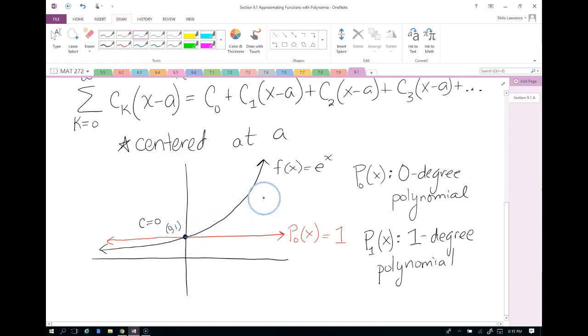And it just so happens that the slope of e to the x at 0, remember we do slope by doing derivative, the slope is 1. So I want a line that has a slope of 1 and a y-intercept of 1.